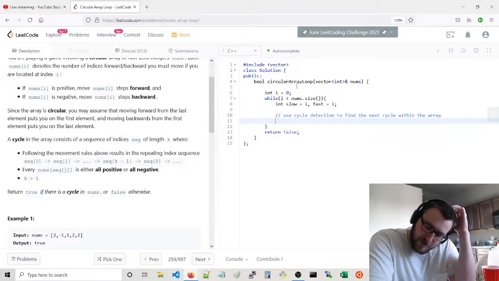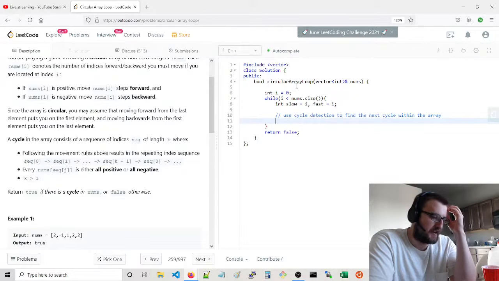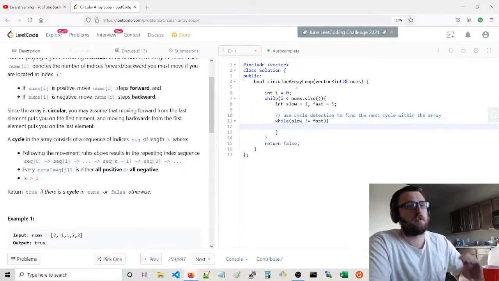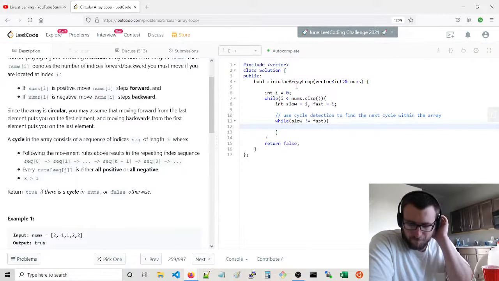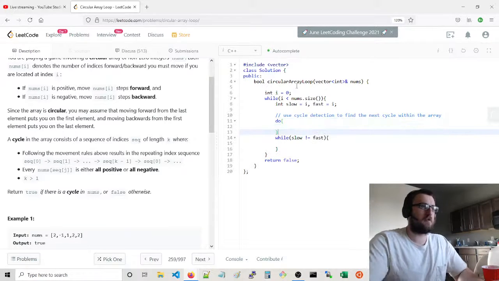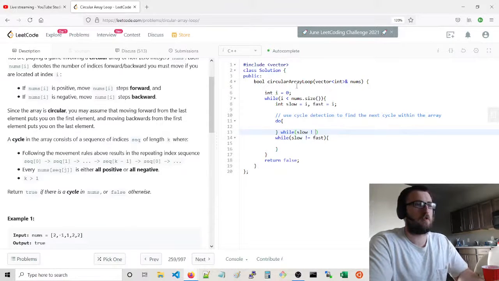And the way we're going to do this is, while slow is not equal to fast, which they're initially going to be at the same starting point, so you actually want to do a do-while.